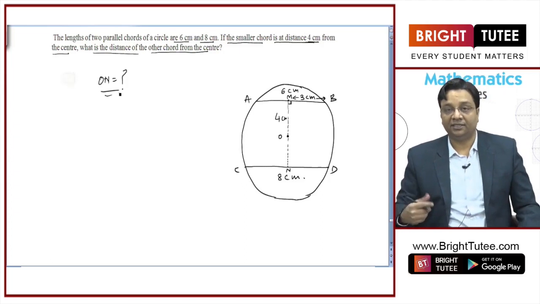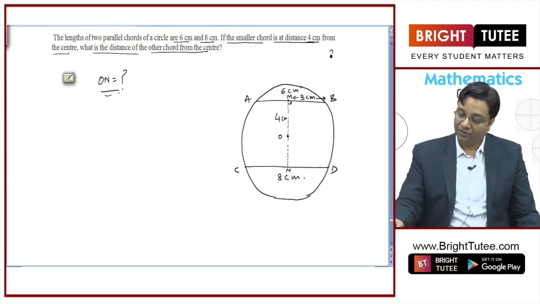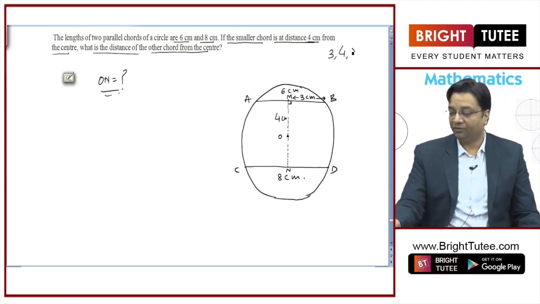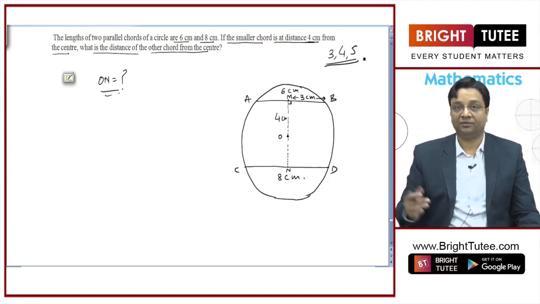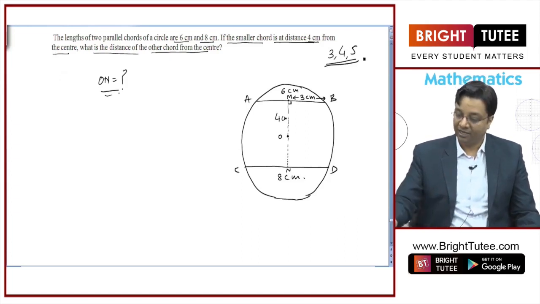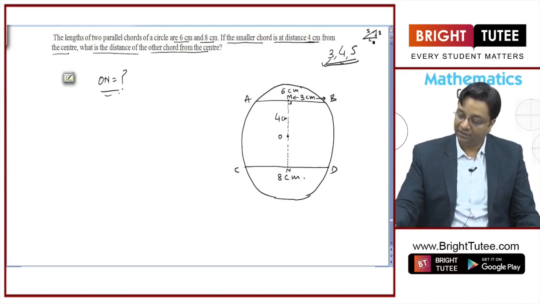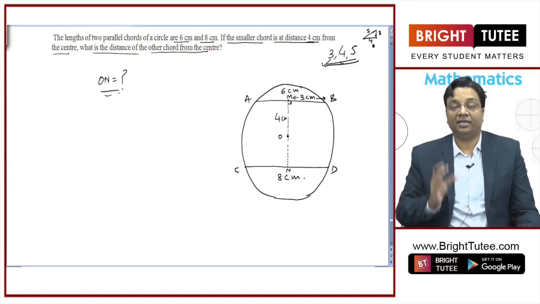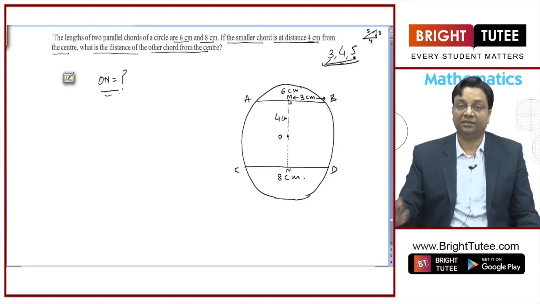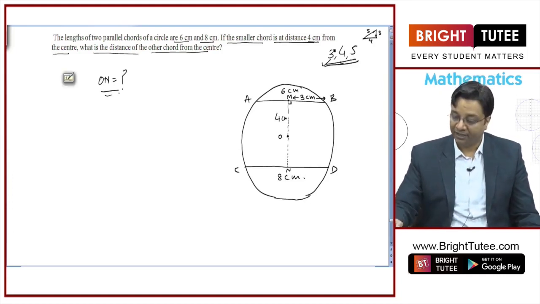Now this question is a 10-second question for you if you have been listening to me. 3, 4, 5 are numbers which have a special characteristic. If there is a triangle with dimensions 3, 4 and 5, so if this is 5, this is 3, this will be 4. This is about a right angle triangle and these are Pythagorean triplets. I have been saying repeatedly that if you square 3 and add the square of 4 to it, you will get 5 square.